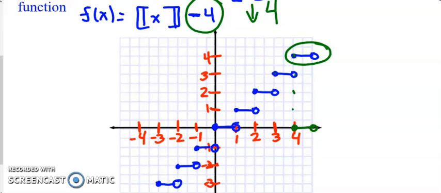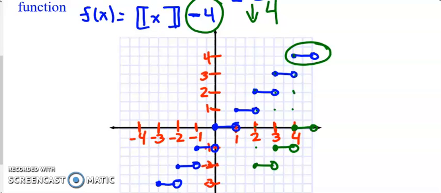Take this one, we're going to move it down 4. So 1, 2, 3, 4. Again here, take it down: 1, 2, 3, 4. And so on and so forth.